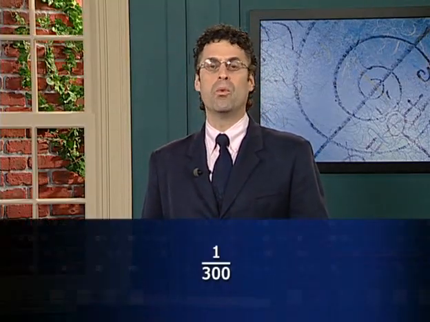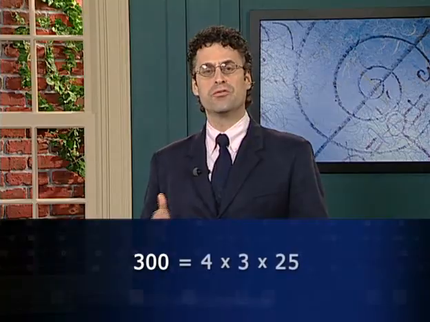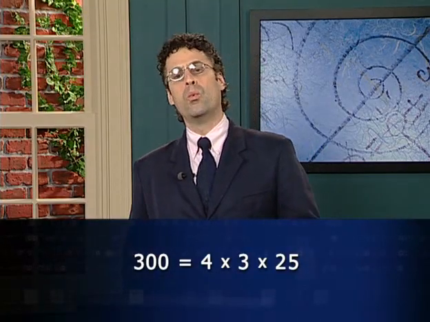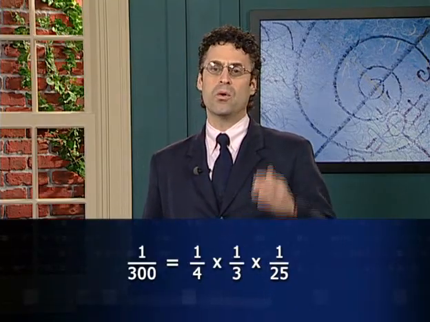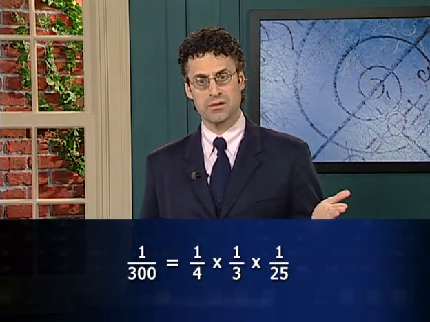Let me try to illustrate this with one last example. How would we find the term 1 over 300? Well, first we factor 300. So 300 is 4 times 3 times 25. So 1 over 300 is 1/4 times 1/3 times 1/25.